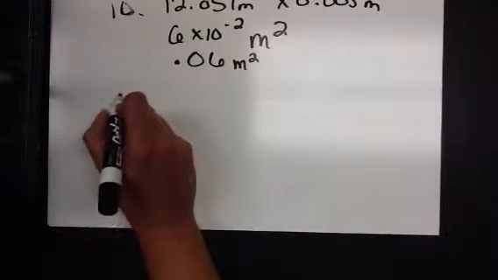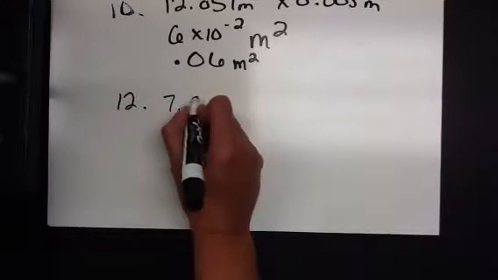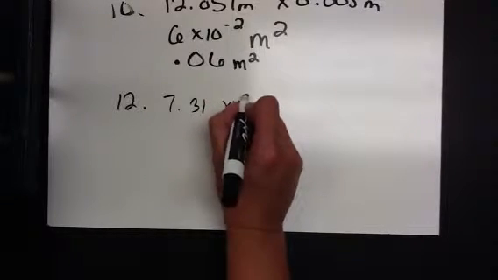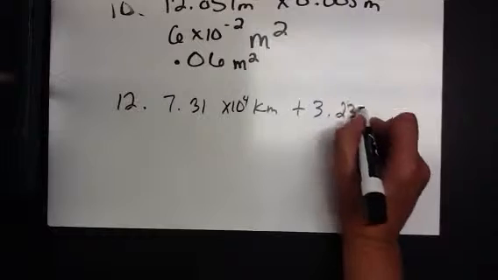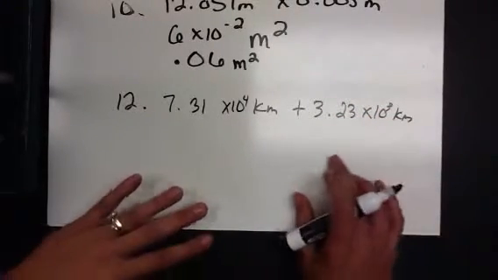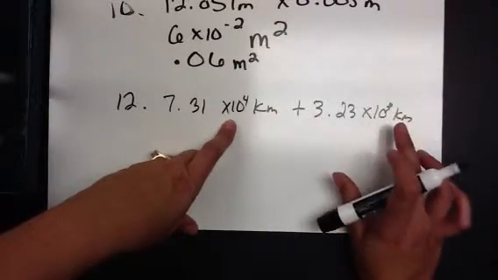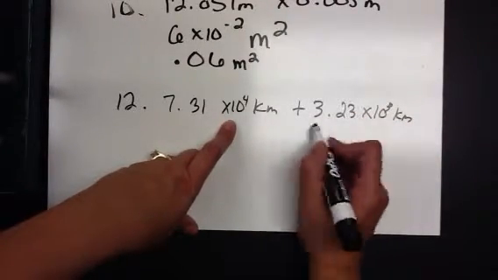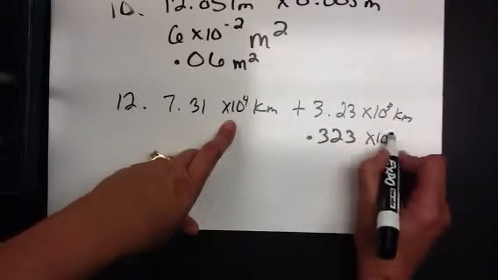Alright, number 12, because I guess I'm missing a number 11 on the sheet. I'm going to take 7.31 times 10 to the 4th kilometers plus 3.23 times 10 to the 3rd kilometers. I could do this without a calculator by getting both of the exponents to the same place. So I'm going to take him to 4. To put him in 4, I go to the left to be larger, 0.323 times 10 to the 4th.